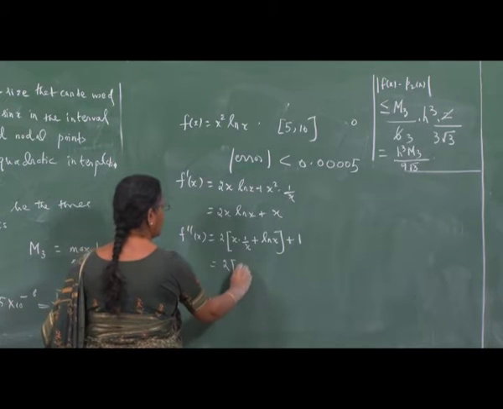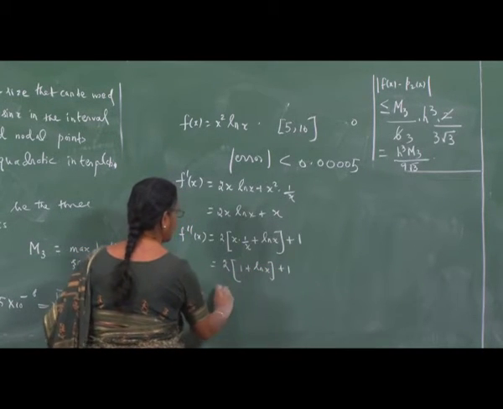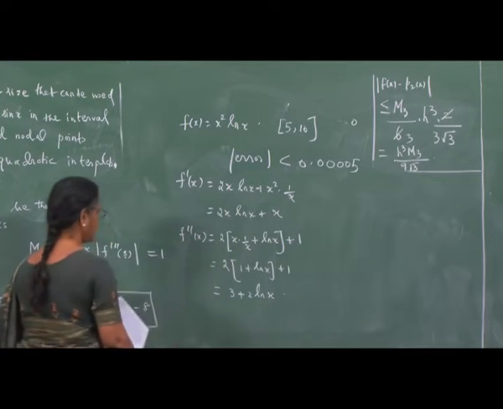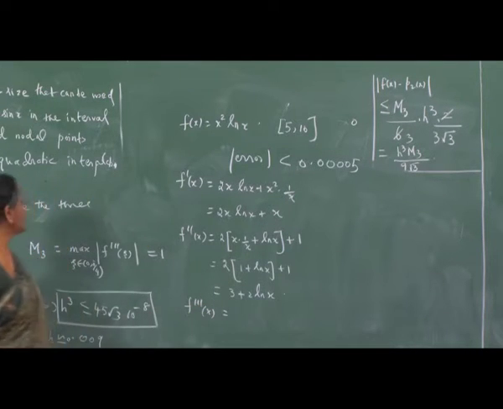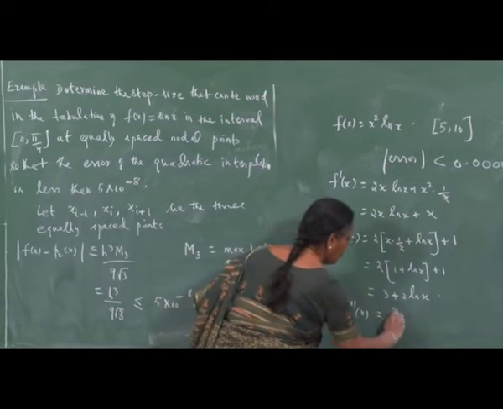So it is 2 into 1 plus log x plus 1. So it is 3 plus 2 log x, and I also require the third derivative because I want M3. That will give you 2 by x.